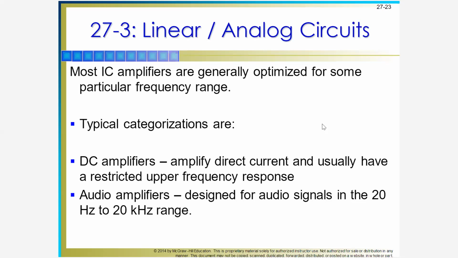Higher than this frequency, it becomes noise or a problem for our ears to hear. That's why the audio amplifier is designed for this audio signal, from 20 hertz to 20 kilohertz. Okay, that is a standard frequency.